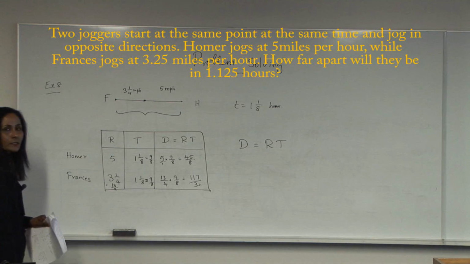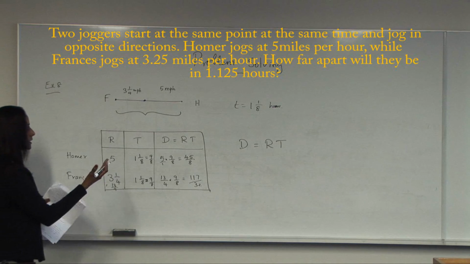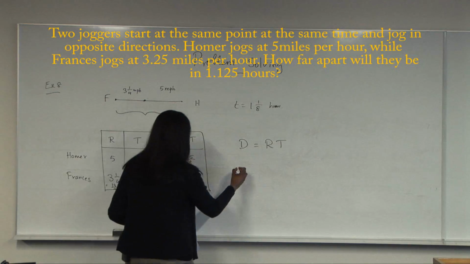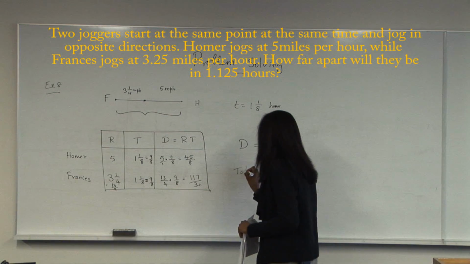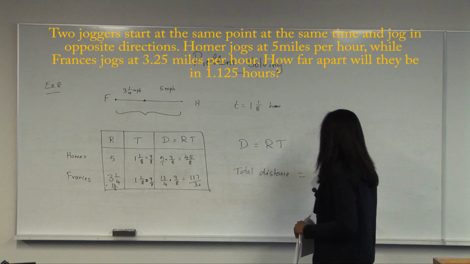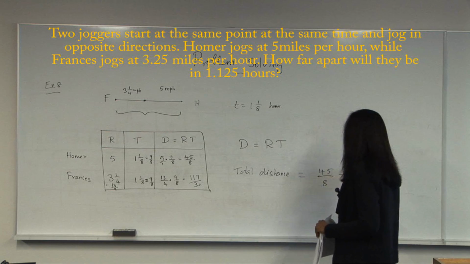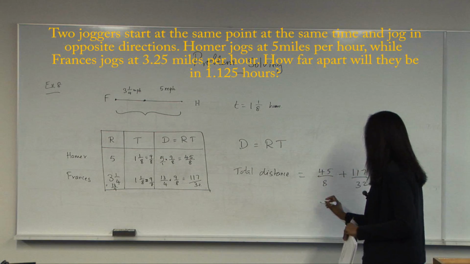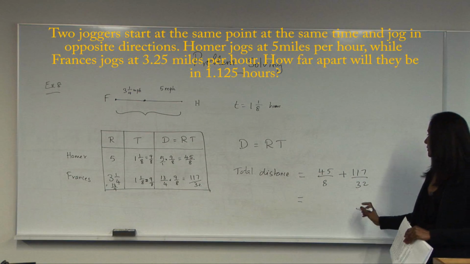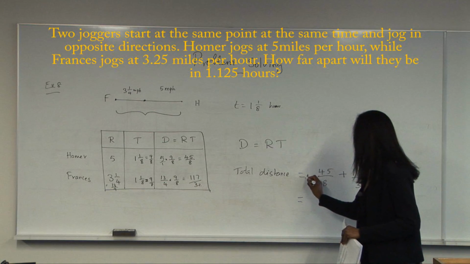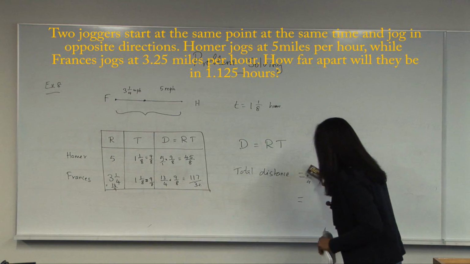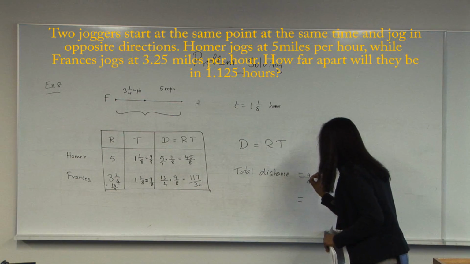So now we found the distance for Homer and the distance for Francis, and we are asked to find the total distance. We have to add these two. So the total distance is 45 over 8 plus 117 over 32. Now how to find this? Common denominator. The common denominator is 32. Here we have to multiply and divide by 4 to make the denominator 32. So let me write this very clearly, 4 over 4.